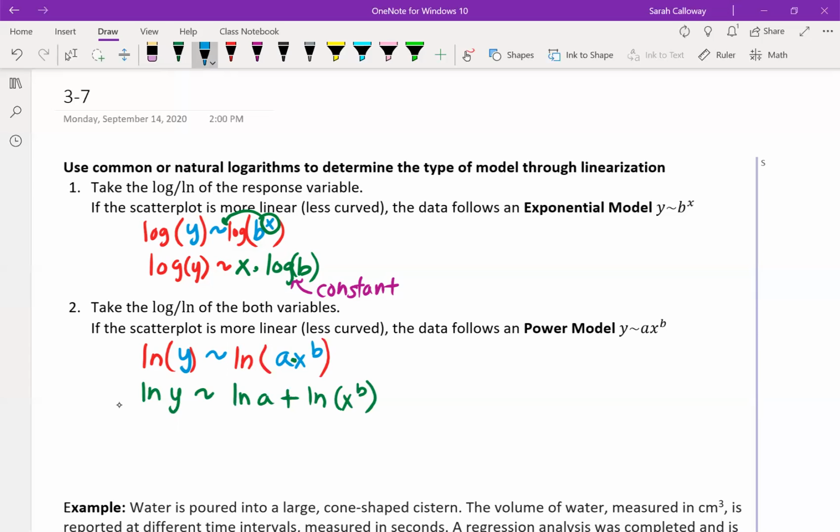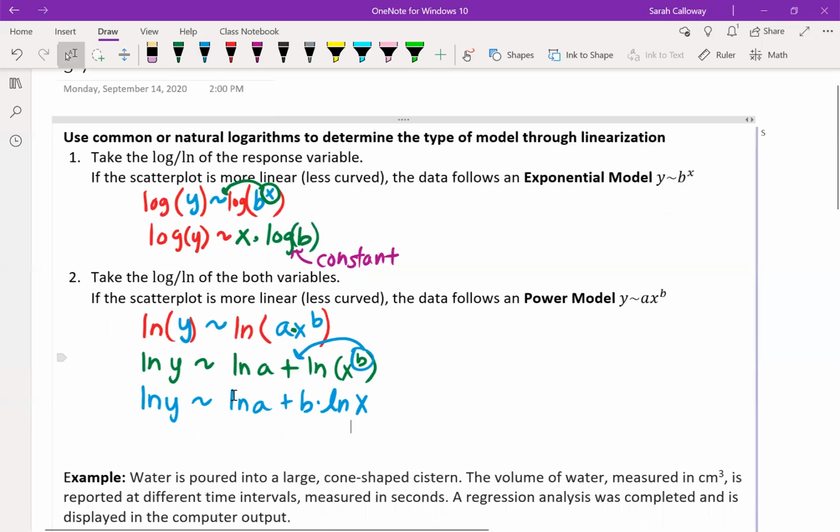Then I can use that power rule to move the b to the front. This gives me the equation ln of y is approximately ln of a plus b times ln of x. So I have a variable inside a logarithm, and then ln of a is a constant and b is a constant. So I have a linear function with a slope of b essentially, and a y-intercept of ln of a. It's not entirely true, but for the sake of brevity.